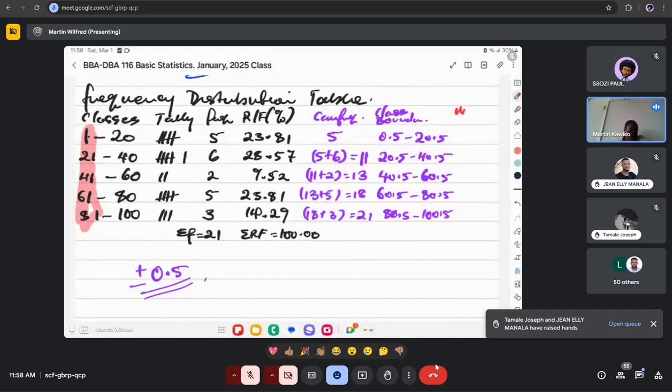When I was writing this, I said when we are coming up with class boundaries, we are guided by this principle, and I wrote it down. If you just see the plus minus 0.5 there when you are not following, then you begin asking what is plus minus 0.5. Okay? So Betty, I was asking 1 minus 0.5, what do you get? 0.5. 20 plus 0.5, what do you get?